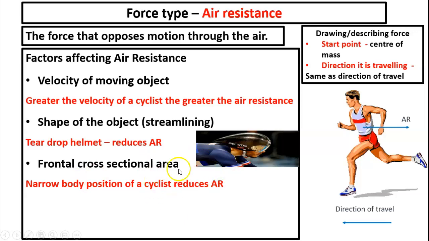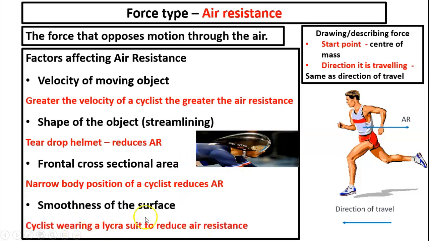So the bigger the frontal cross-sectional area, the greater the air resistance, and that's why cyclists will narrow their body position to reduce it. And then finally, the smoothness of the surface. As you can see here with the cyclist again, a cyclist may wear a lycra suit to reduce air resistance. They could wear this on top, and that can help them reduce air resistance.